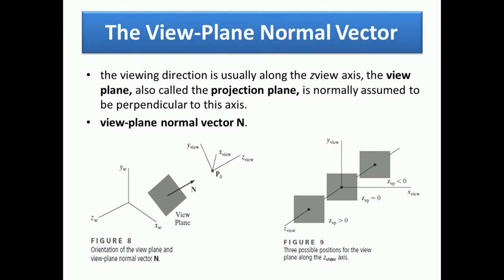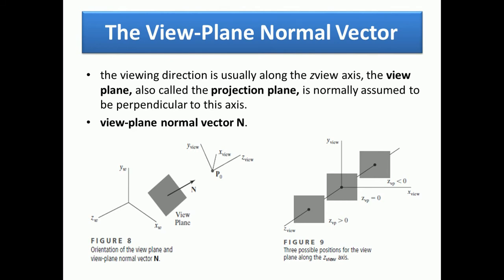An additional scalar parameter is used here to set the position of the view plane at some coordinate value zvp along the z view axis, which is also illustrated in figure 9.